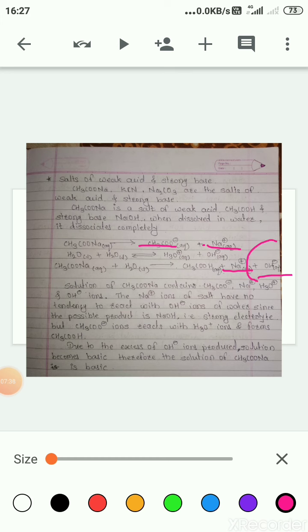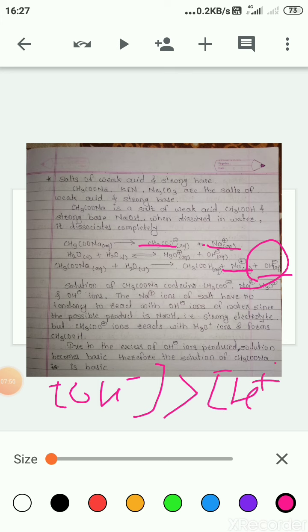Therefore we can mention here that the concentration of OH minus ion is greater than the concentration of H plus ion, because H plus ion can be produced only from the weak electrolyte, and the weak electrolyte dissociates incompletely. That means the concentration of H plus ion is less than the concentration of OH minus ion, and therefore the solution of a salt of a weak acid and a strong base is basic in nature.